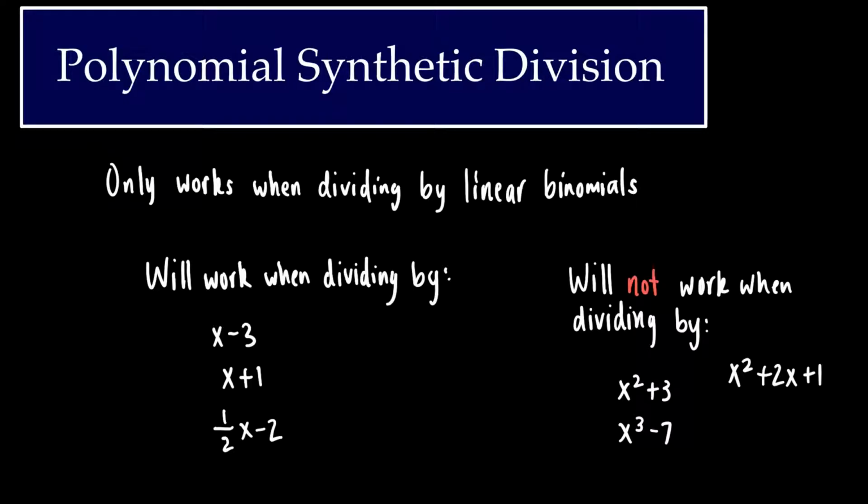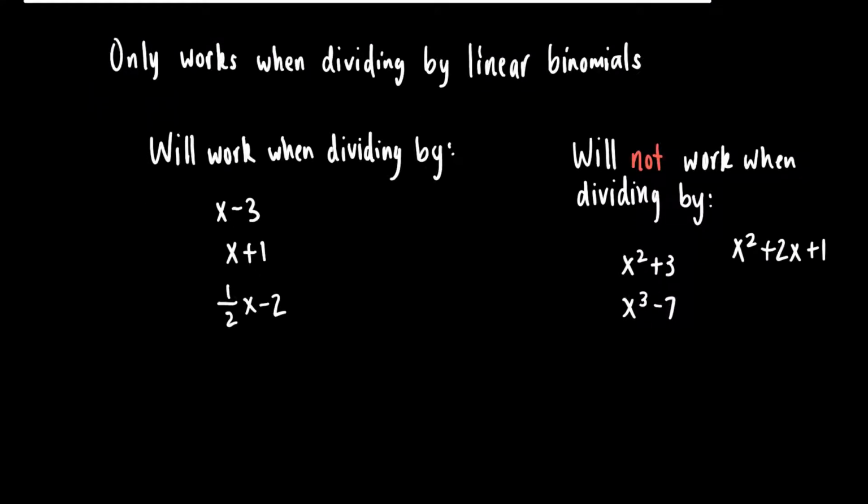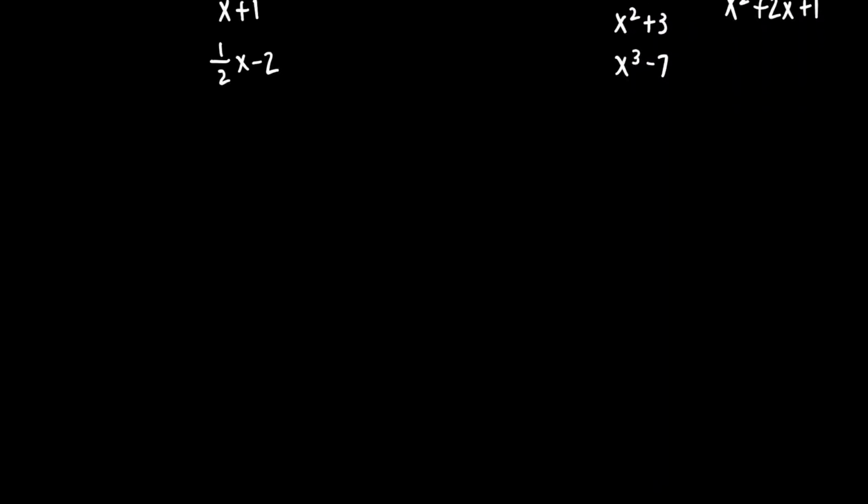Okay, all right, so let's look at an example. I'm going to scroll down, actually. Okay. So our first example is we're going to take x squared plus 4x minus 32, and we're going to divide that by x plus 8.